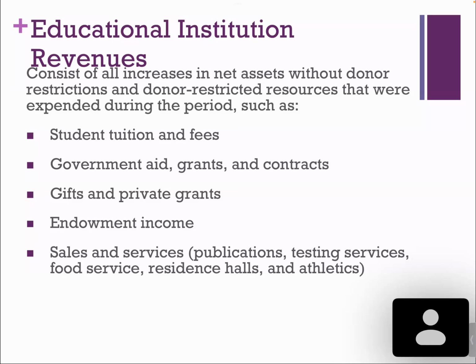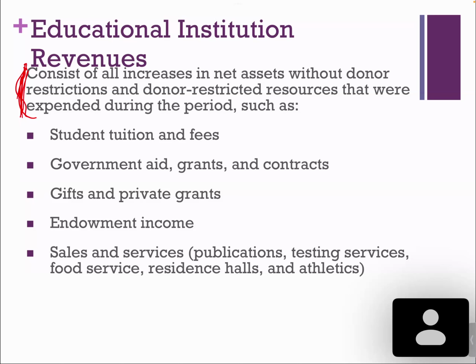Okay, so this initial definition is common for all not-for-profits. Revenue is increases in net assets without donor restrictions and donor restricted resources that were expended during the period. That's what we consider revenue.